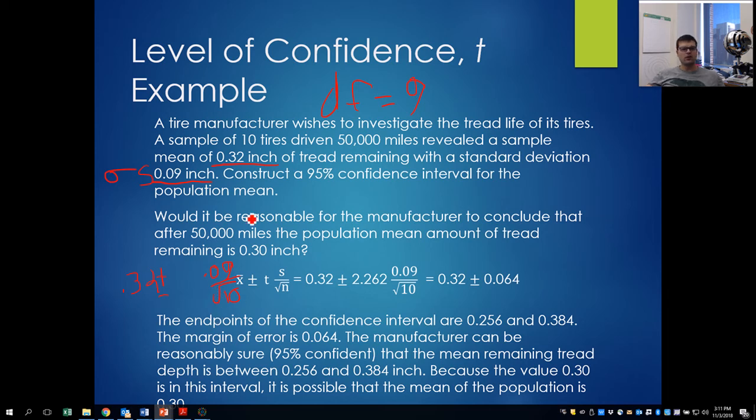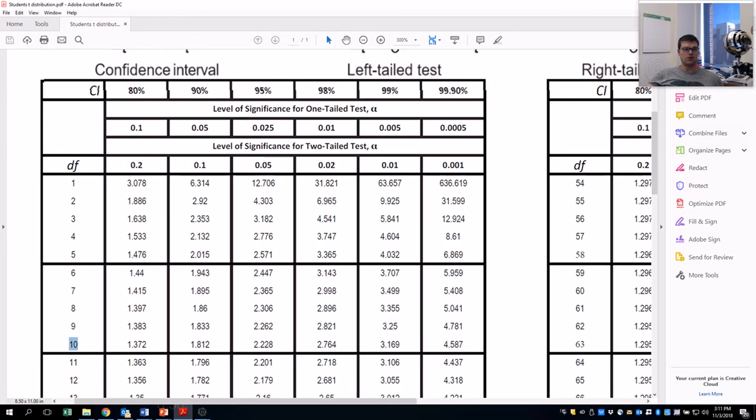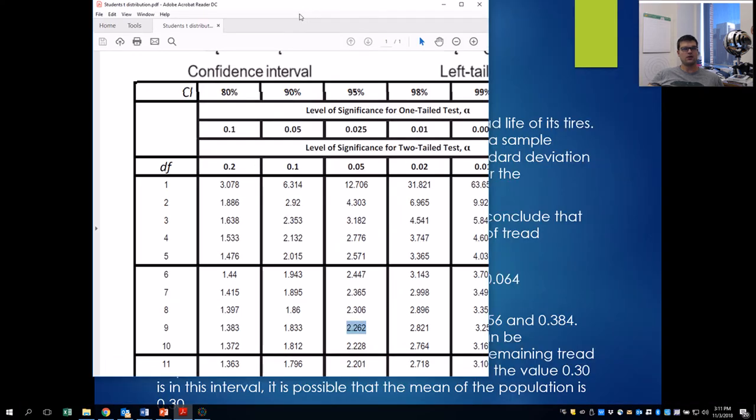So let's take a look. We've got the degrees of freedom, which is 9, and I'm going to pull over this chart. Once again, we find the degrees of freedom, 9, and the cross-section of the 95% confidence level, and it's 2.262. So 9, 95, 2.262.